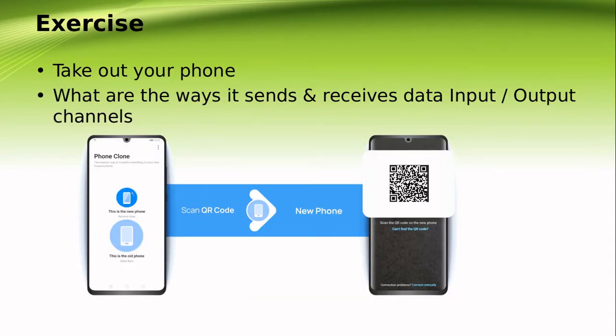Exercise: take out your phone. What are the ways you use it day to day? How many of them are you using? What features are you using to send and receive data?